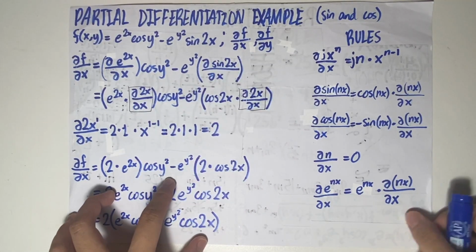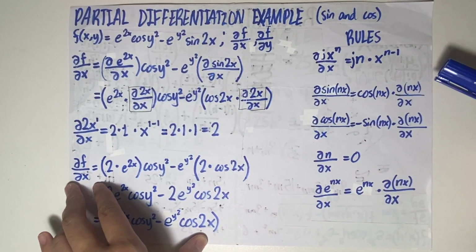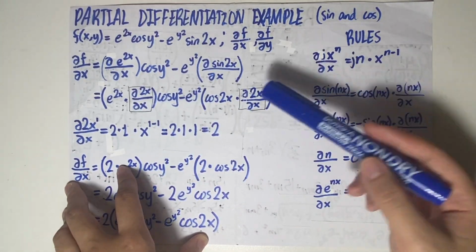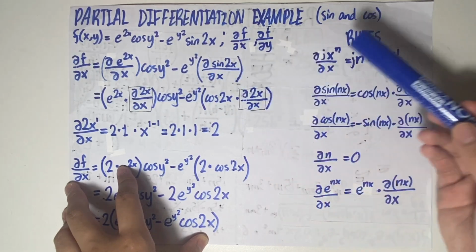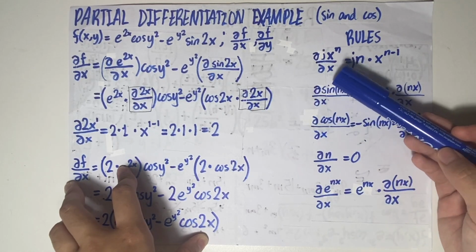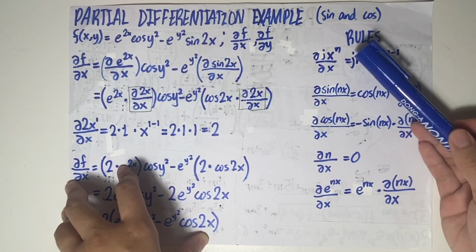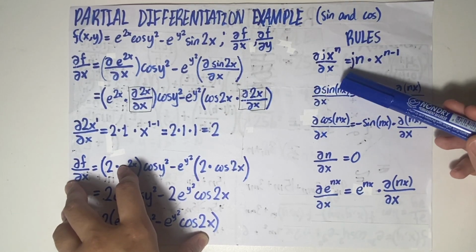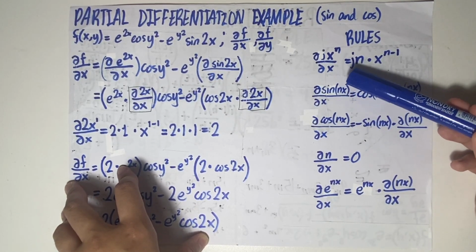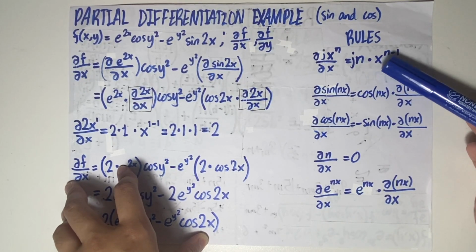But first I want to go through some of the rules that will be used in this differentiation. These are quick rules that will help you derive functions faster. First we have the derivative of j times x to the power of n, and that is equal to jn times x to the power of n minus 1.